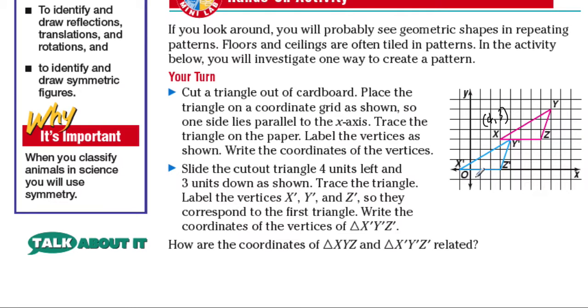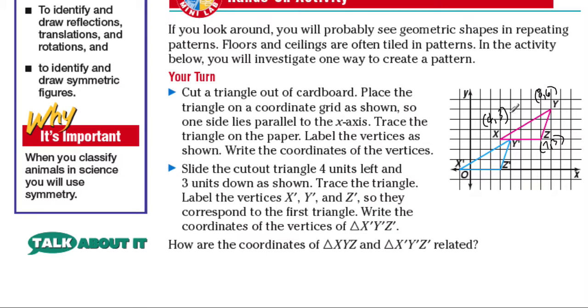Our y coordinate would be 1, 2, 3, 4, 5, 6, 7, 8, and 1, 2, 3, 4, 5, 6, so that's 8 and 6. And our z coordinate would be 1, 2, 3, 4, 5, 6, 7, and 3.